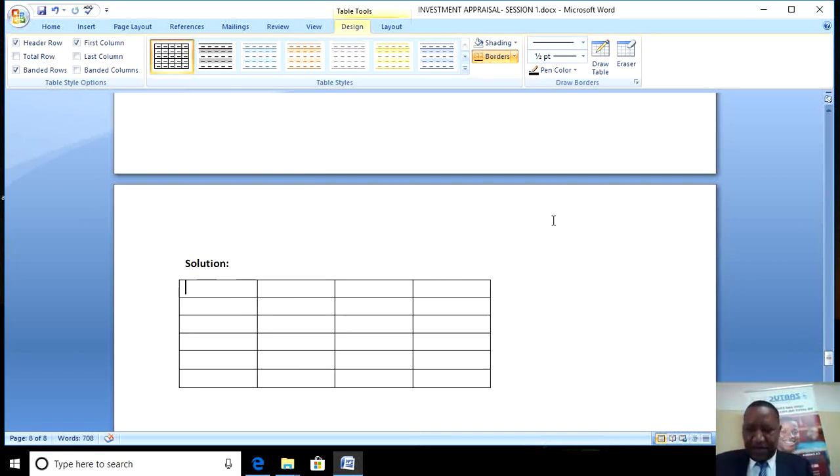In the first column, that's the year. Then we have the net cash flow. Then we have the discounting factor. Then we have the PV. If you remember very well, in one of the videos, I looked at the discounting method.